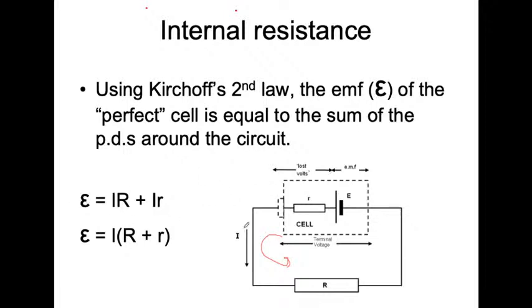Then the current goes through the resistance of the circuit, so we'll have a voltage drop of I times capital R, and we're also going to have the voltage drop inside of the cell, I times little r. We can factor out our current and get our EMF is equal to the current times, in brackets, the resistance of the circuit plus the resistance of the cell, or the internal resistance.